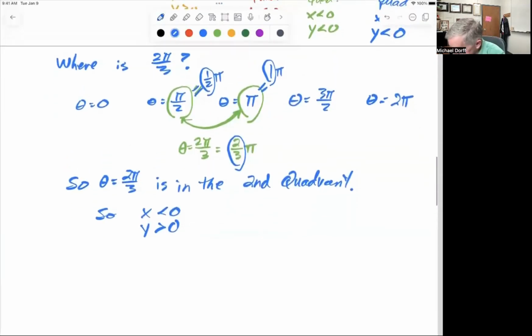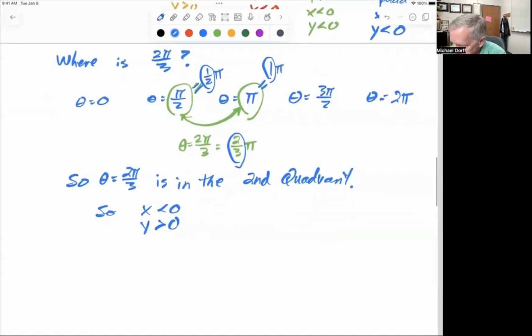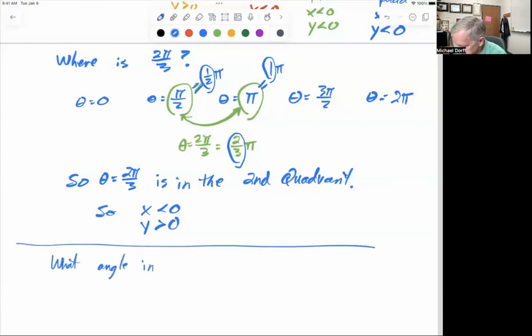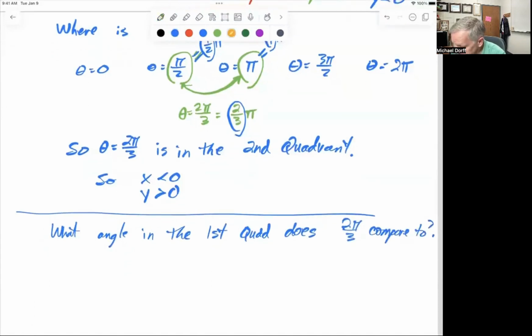So now what's next? The next thing we need to do is compare this 2 pi over 3 to one of the angles that we know in the first quadrant. So what angle in the first quadrant does 2 pi over 3 compare to? Well, this one's really easy because I look at the denominator here, and 2 pi over 3 has a 3 in the denominator.